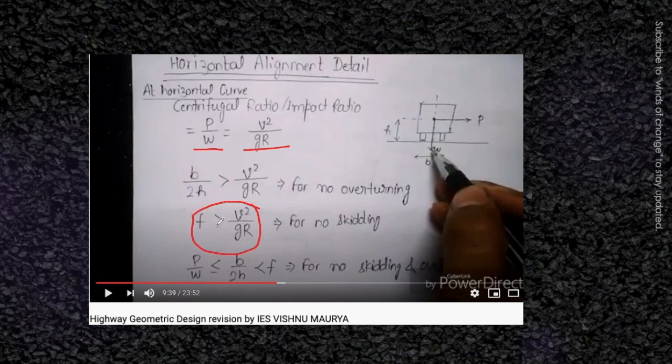For no skidding condition, it is less than F, and for no overturning, this is less than B by 2H. So this centrifugal ratio will be less than B by 2H as well as less than coefficient of lateral friction. Memorize it and watch this video if you find this video suitable for your preparation.